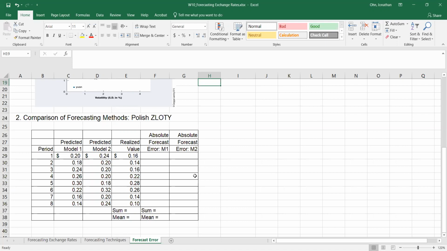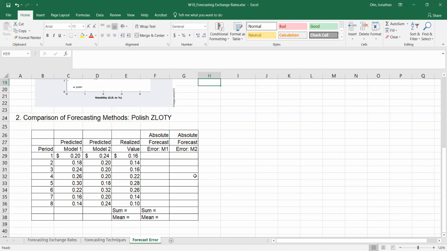Sometimes when I have $1, I get more than 4 zloty back when I change currency from dollar to zloty. Sometimes I get only 3 zloty. Well, what does that mean?